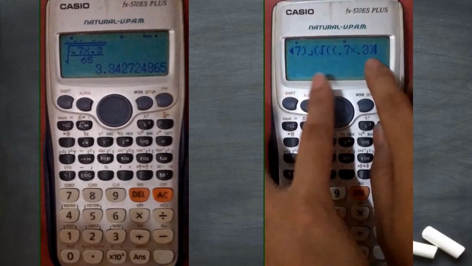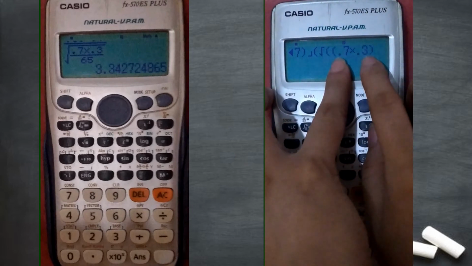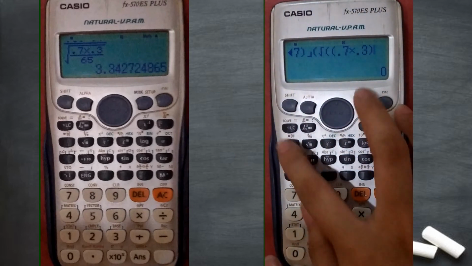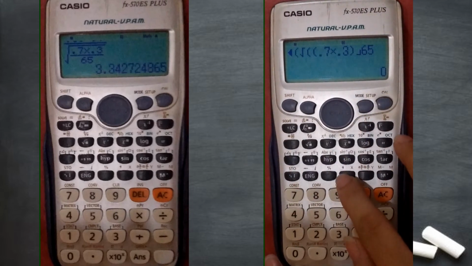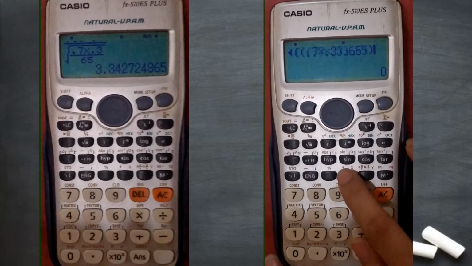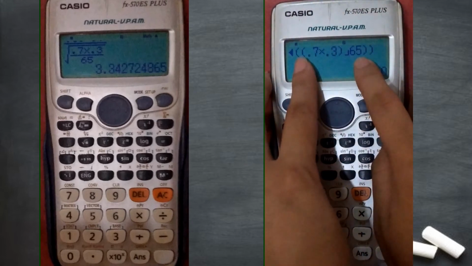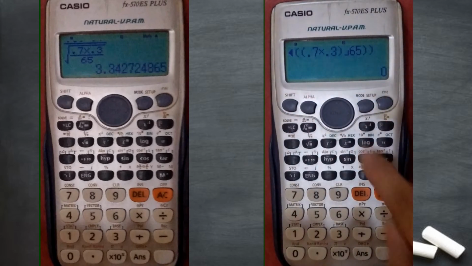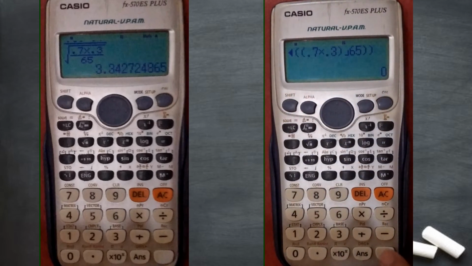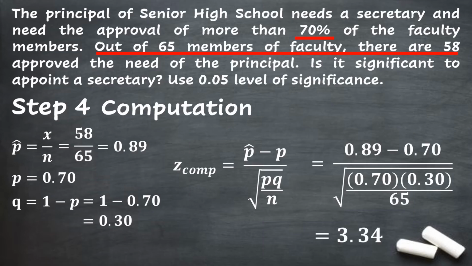So this first pair of parentheses is for the numerator. And then you press fraction again for the denominator, and then you type 65, and then you have to input two parentheses kasi this one is for the whole fraction na 0.7 times 0.3 all over 65, and this one is for the whole denominator itself. Then you have to press equal sign to show the answer. After calculating, our z computed is 3.34.